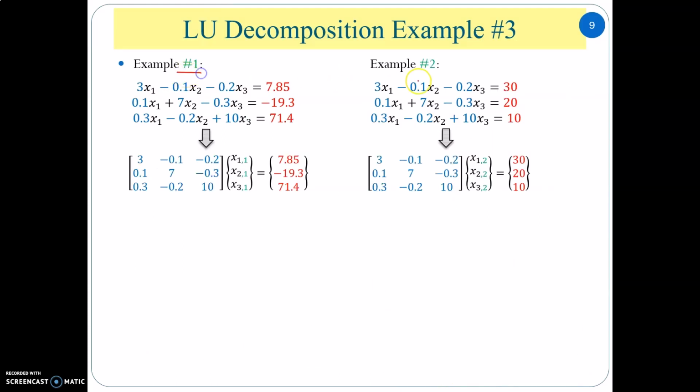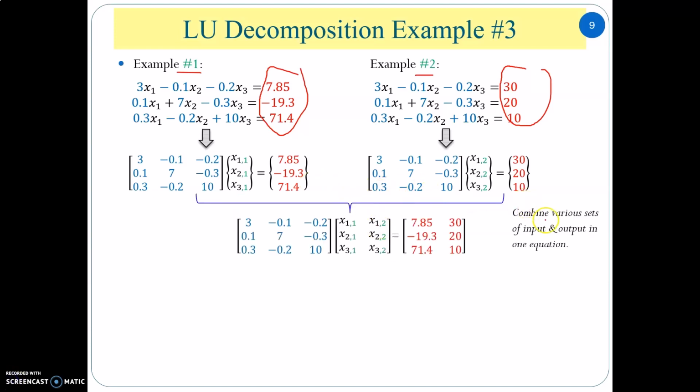In the first example and second example, you see the matrix A, which is the system matrix, remains the same, and your right hand side function changes from time to time. So let's say at time 1, you have your input x1, and this is your output at time 1. And at time 2, you have your input x2, and then this is your output at t2.